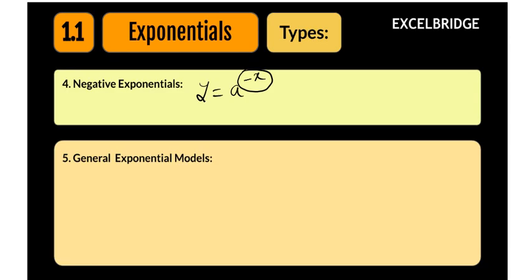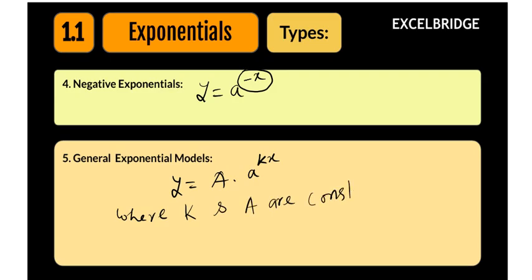The next one is general exponential models, which is pretty easy and sweet: y equals a into k power x, where k and a are constants.